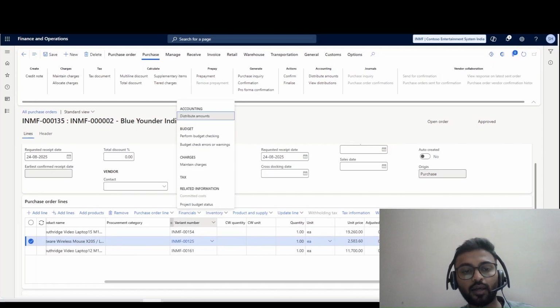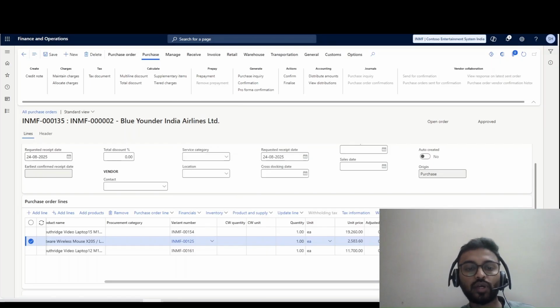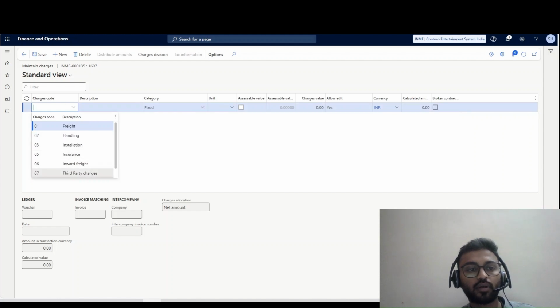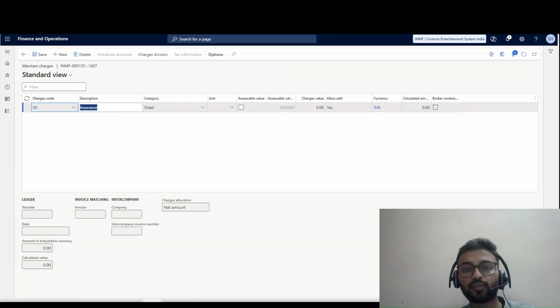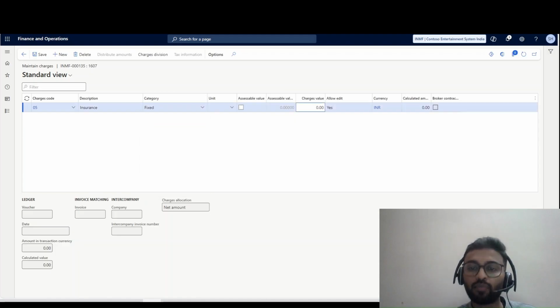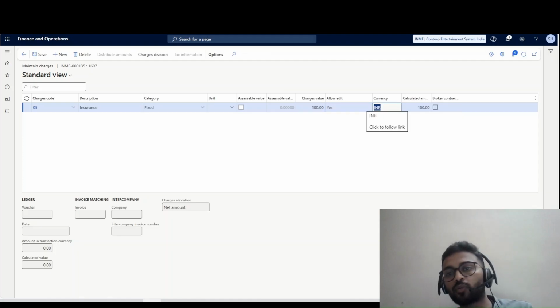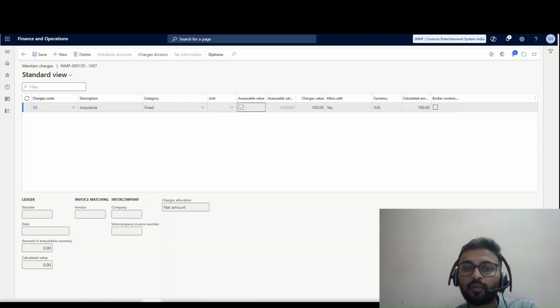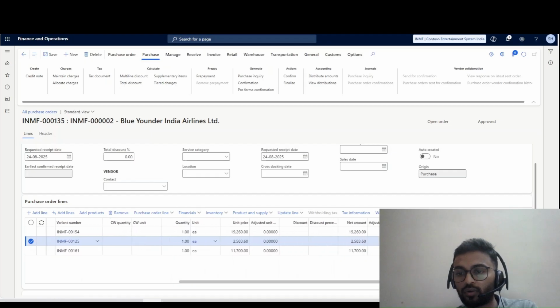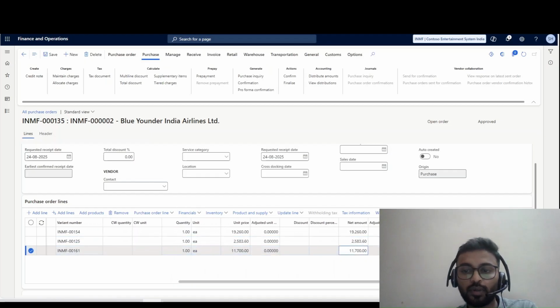So here in financial, in maintain charges, I can add the charges, like I want to add insurance charges. Here also I have various types, but I don't want to complicate it. You can explore these charges. I'm clicking on accessible value, so it will add 100 rupees also here, right? This will be added by 100 rupees.